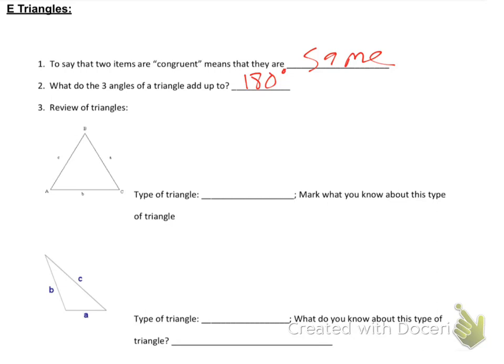The little letters denote the sides. Now notice where the little letters, it's a little hard to see on the screen there. But A, angle A, opens to side A. So there's a little a there. Side angle B, or angle B opens to side B. That's a little b.